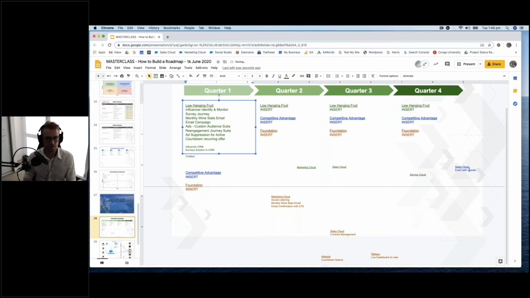Okay. Service Cloud, we've got events with guests. And then we've got contract management. This is influencer contract management. Countdown feature. Live dashboards on web.